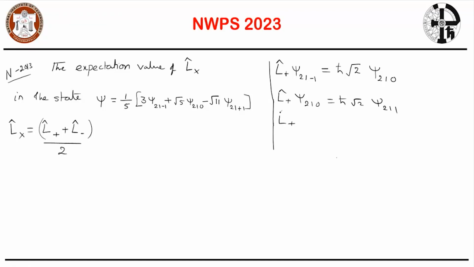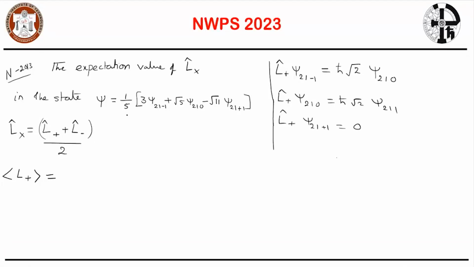And L plus acting on psi 2, 1, 1 gives you 0. So we know this much. Then you can figure out the expectation value of L plus first.